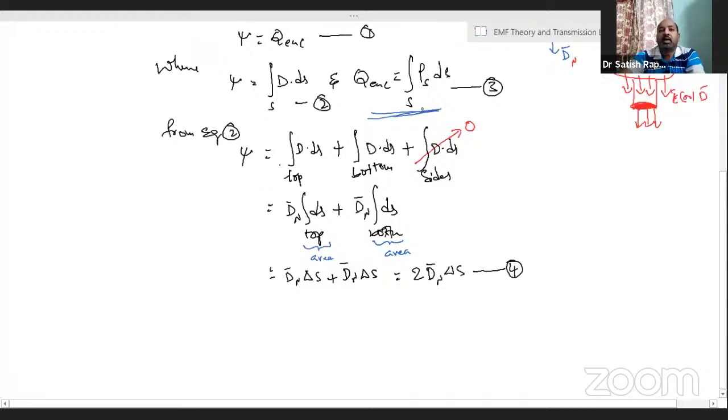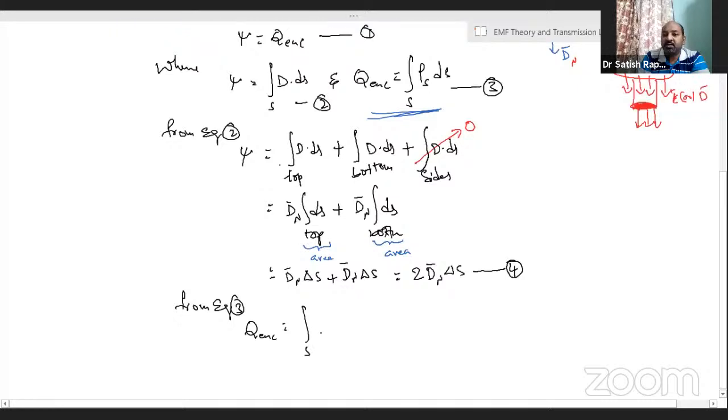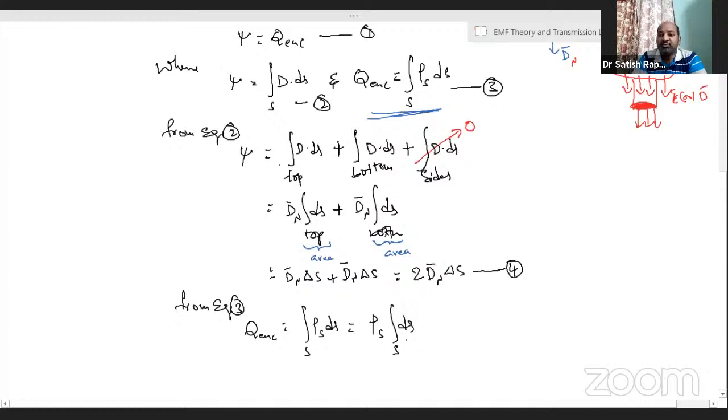Taking that equation, Q enclosed is equal to the surface integral of rho s dS, and this is equal to rho s times the surface integral of dS. Since the charge is uniform, rho s can be taken outside, and this is equal to rho s delta s, because this is nothing but the area delta s. Let us say this is equation 5.